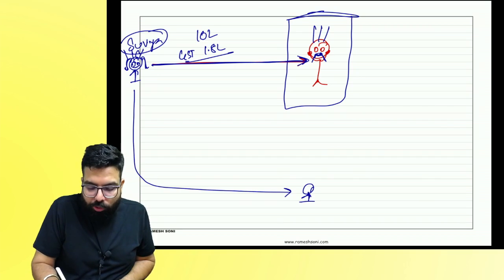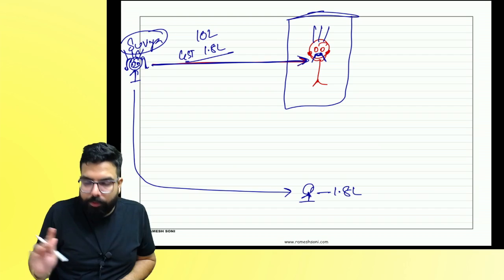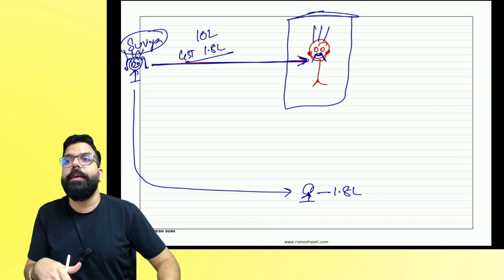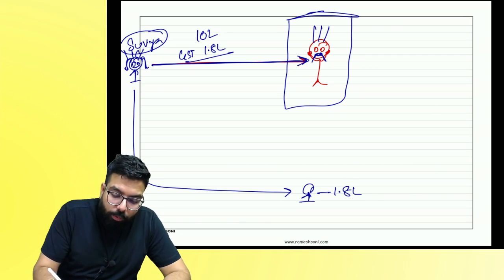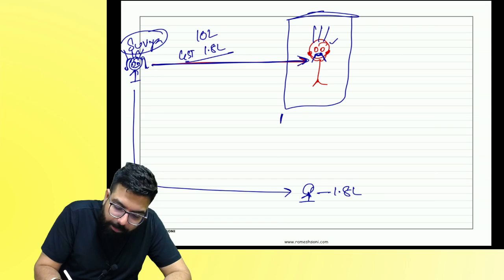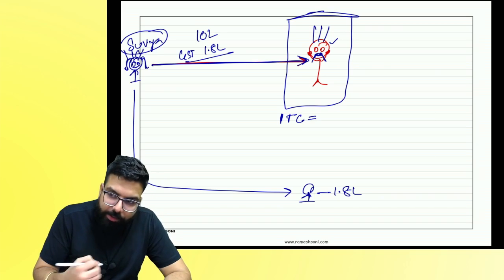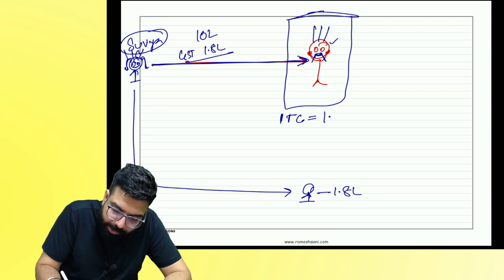Surya paid how much to the government? 1.8. What will you do now? You will tell on my input, I paid some tax. How much credit will you take? 1.8.